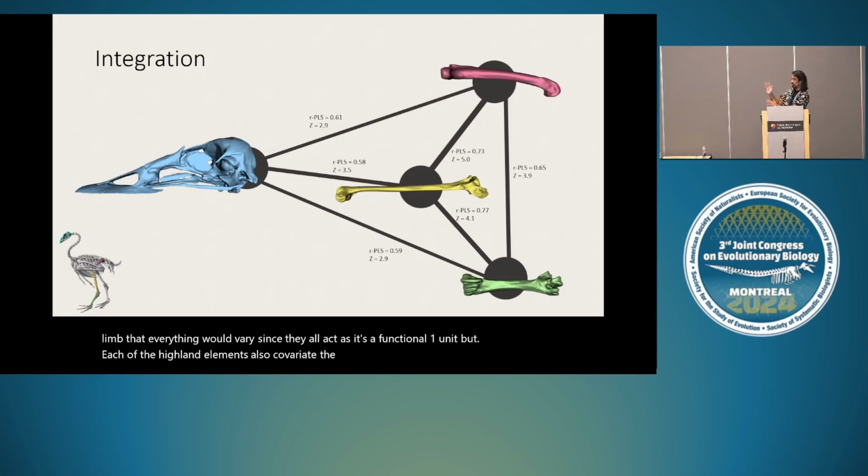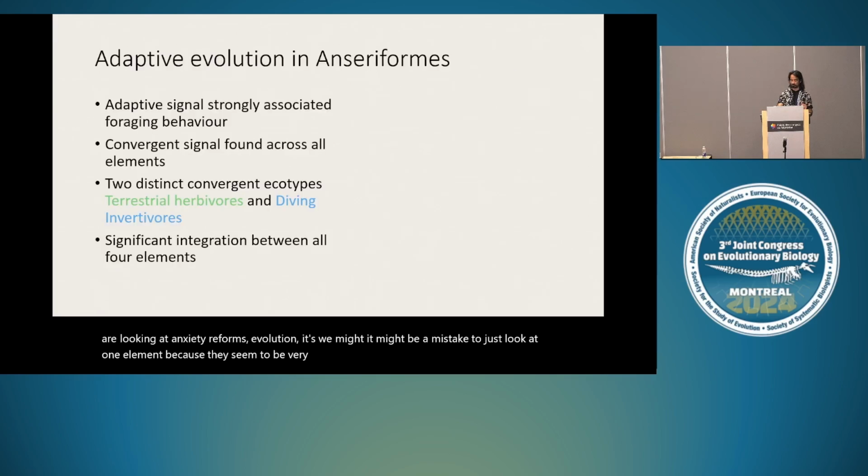All these bars here are scaled to effect size, the Z score, and you can see hind limb elements once again are all stronger, but they're not drastically stronger than covarying with the skull, which is really cool. So when we're looking at Anseriformes evolution, it might be a mistake to just look at one element because they seem to be very integrated across the skeleton.